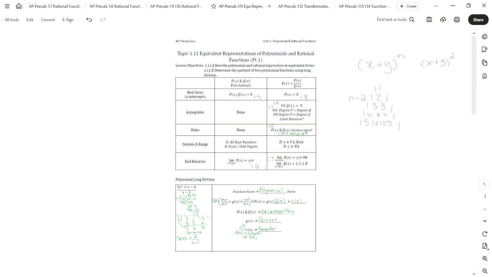So this would be n equals 1, n equals 2, n equals 3, n equals 4, n equals 5. Notice how the first numbers in that column are ones, the second numbers are 1, 2, 3, 4, 5. No coincidence that they match up.